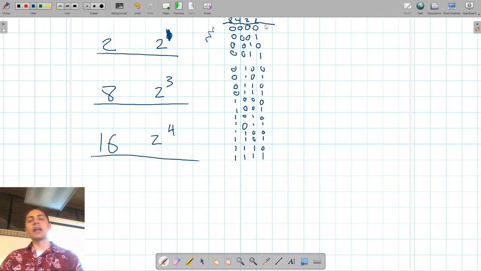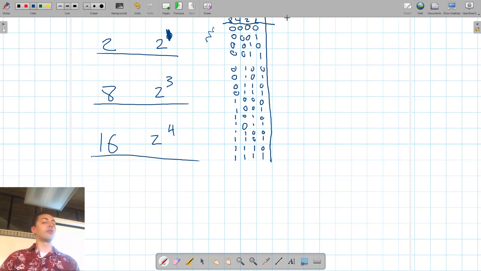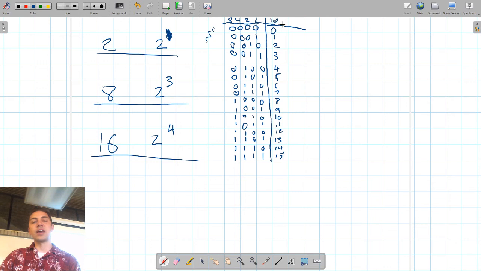Okay, so that's binary. In decimal, those are just the numbers 0 to 15: 0, 1, 2, 3, 4, 5, 6, 7, 8, 9, 10, 11, 12, 13, 14, and 15. But we have other number bases. This is base 10.